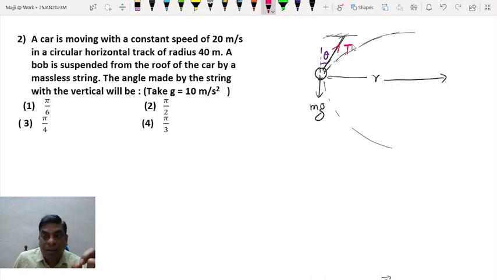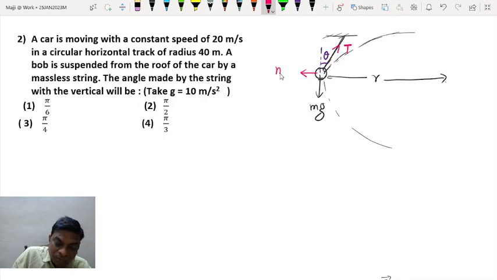Since we have taken the car as the frame of reference, the car being a non-inertial reference frame because it is going along a circle, it has a centripetal acceleration. Whenever we take an accelerating reference frame as the frame of reference, we need to include a pseudo force.